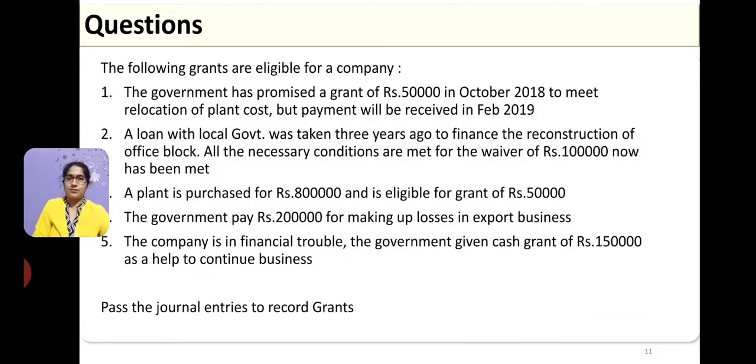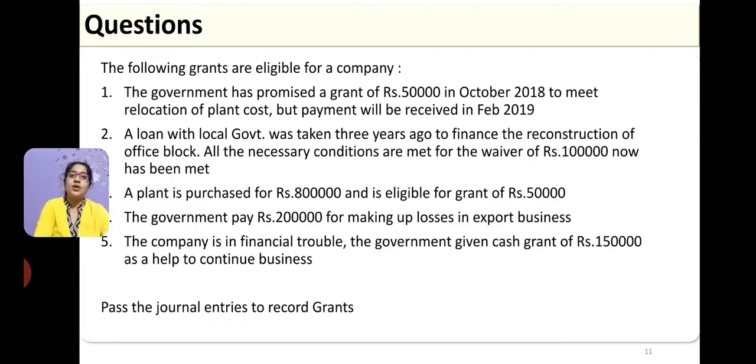So one more example if we take up, similar like government grant is promised 50,000 in October 2018, but you are going to receive only in February 2019. Second example, a loan with local government was taken 3 years ago to finance reconstruction of office block. Now you are going to get a waiver of 1 lakh.